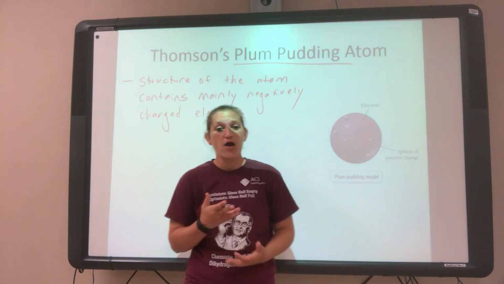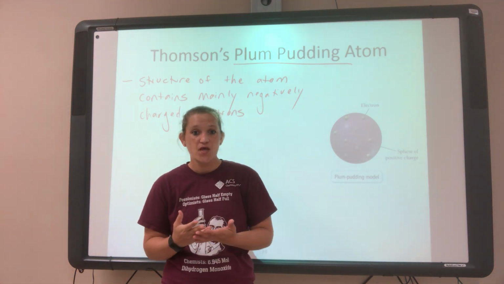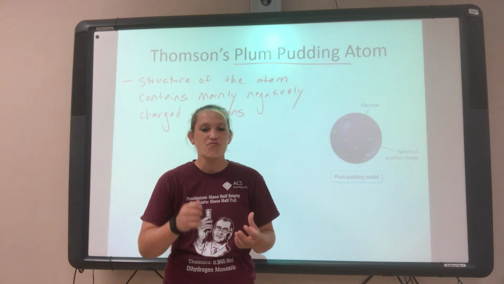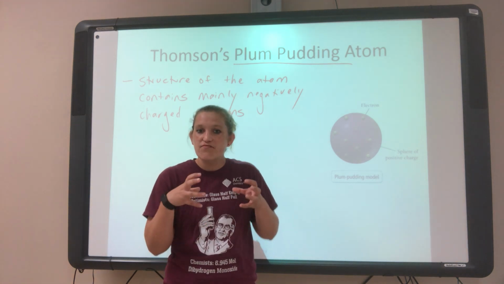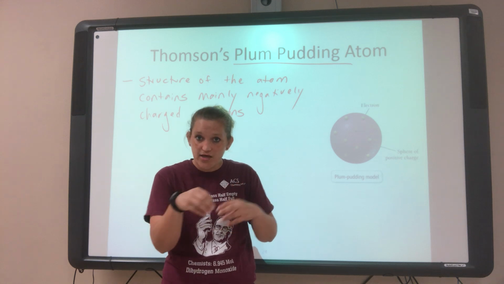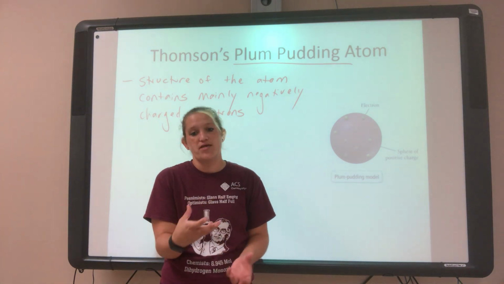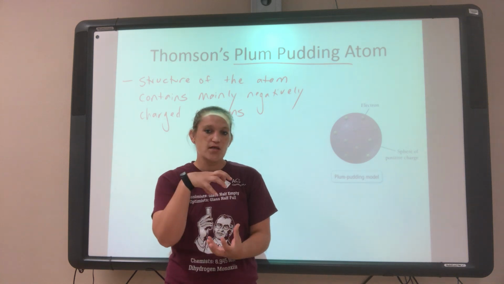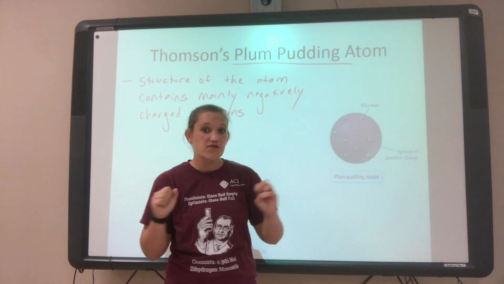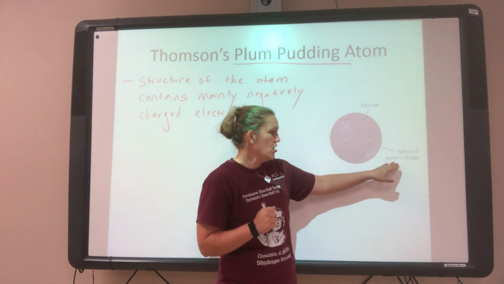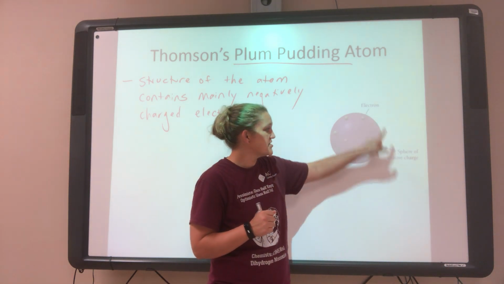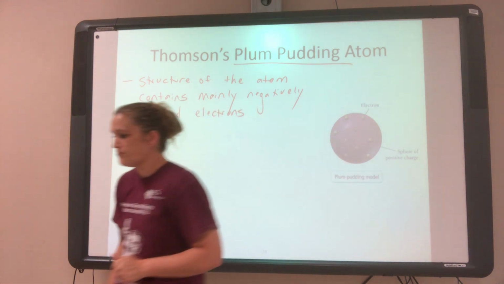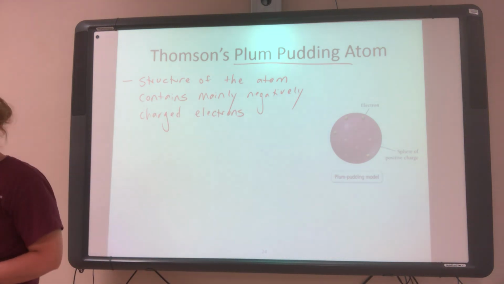So if we're thinking about our chocolate chip ice cream, think about the vanilla ice cream as like a force field. It's not really there, you can't really eat it, it's just kind of there, and it's what's holding the electrons, my chocolate chips, in place. So my chocolate chips are randomly dispersed within my vanilla ice cream, which is my positive sphere of charge. It's got to have a charge to balance out the electrons to keep them from repelling and to keep them in place. Okay?